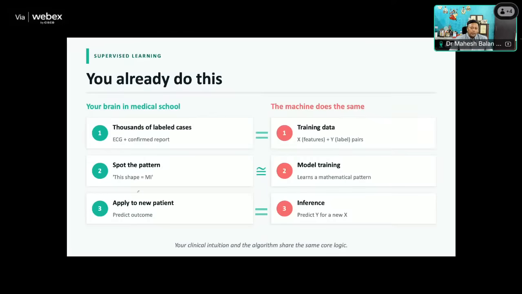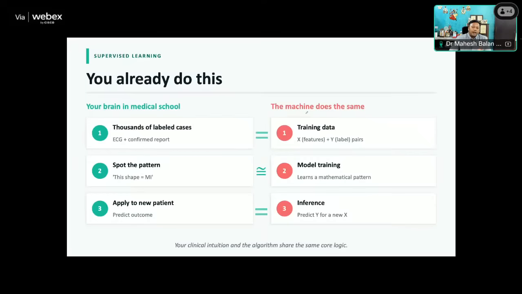When you think of how we learn, how I learned in my college, how all of you might have learned in your medical school, it sort of parallels. You, as a student, would have gone through several ECG reports, several medical reports, and an expert doctor would have taught you if cases like this are there, then this is how it is. And then you learned.